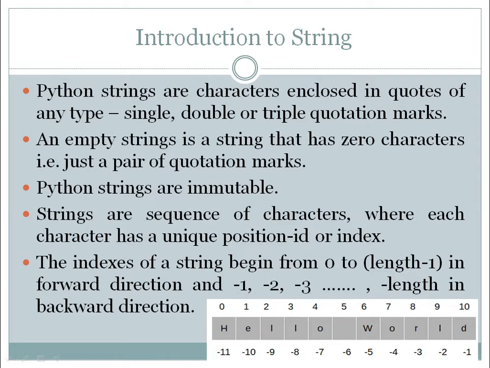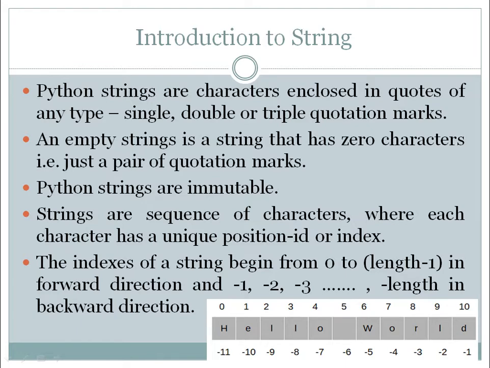Strings are sequences of characters where each character has a unique position ID or index. There are two types of indexing that we have studied when we were dealing with data types in Python. One is called forward indexing and the second one is called backward indexing. The indexes of a string start from 0 and go up to length minus 1 in the forward direction.